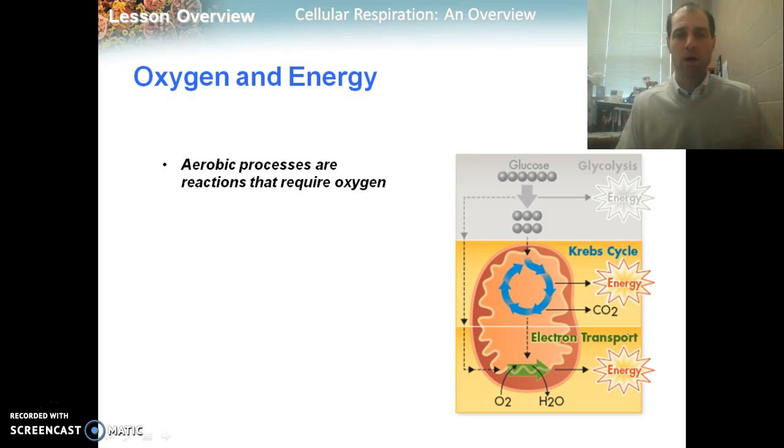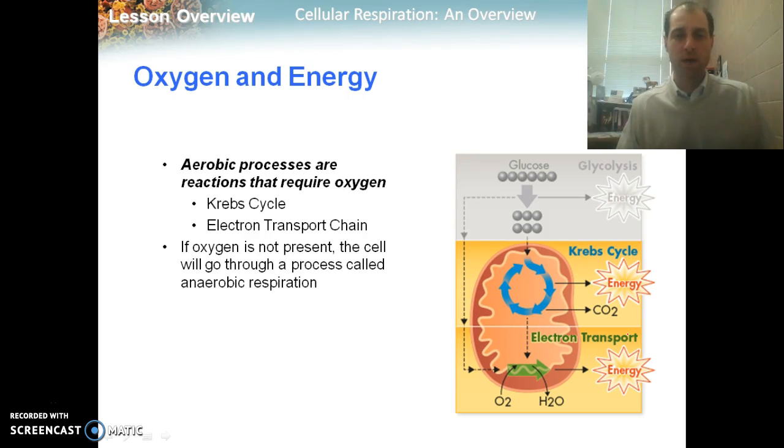So remember that aerobic processes are reactions that require oxygen. Both the Krebs cycle and the electron transport chain are considered aerobic processes. They are different chemical reactions that require oxygen to be present. Those processes that don't require oxygen are called anaerobic.